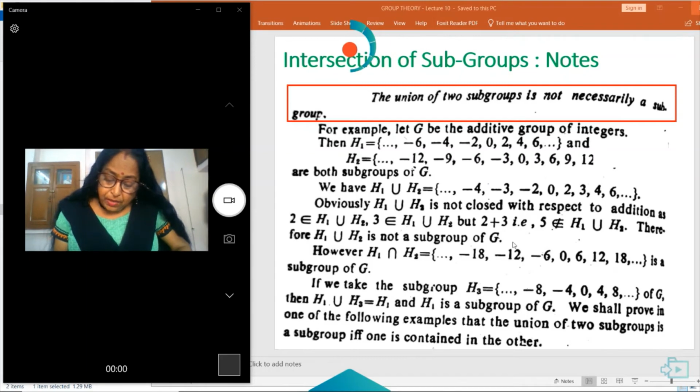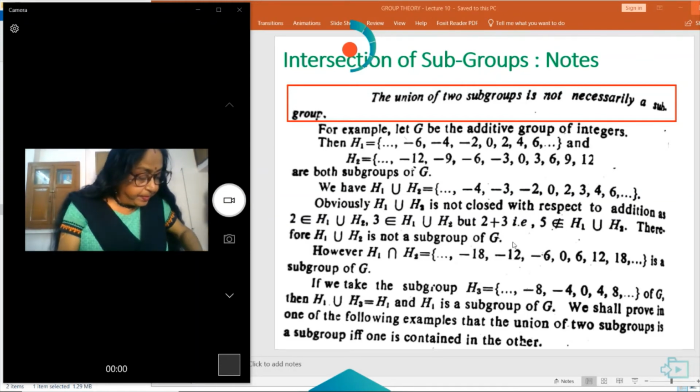Therefore, H1 union H2 is not a group and not a subgroup under addition. However, H1 intersection H2 is a subgroup of G.